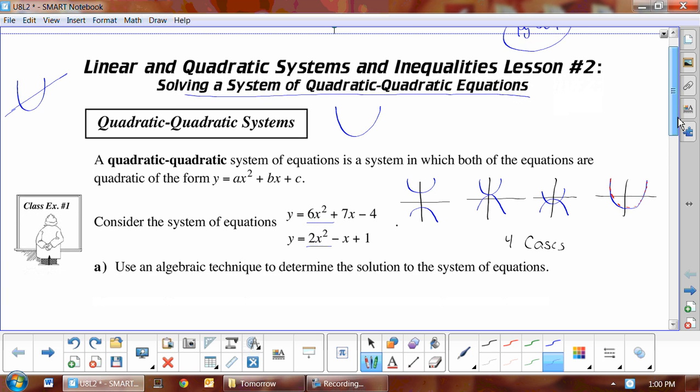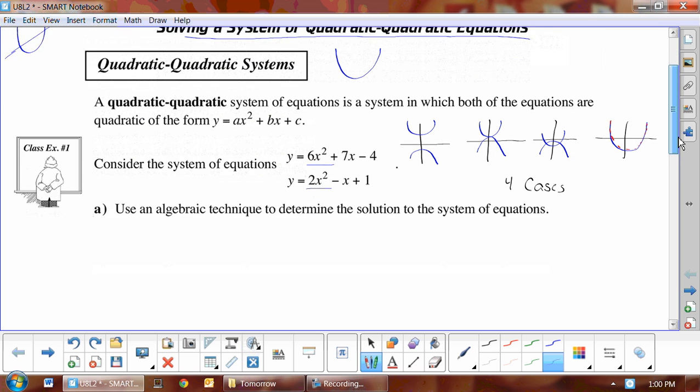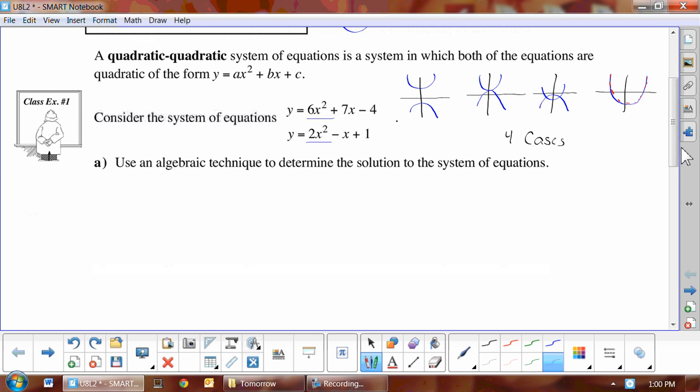Okay? So when we're doing these problems, we can set them up exactly like we do the quadratic linear ones. So we're just saying, okay, where does this quadratic equation equal this one? We can figure that out by making them equal to each other. Then because they're quadratics, we want to make them equal to 0.